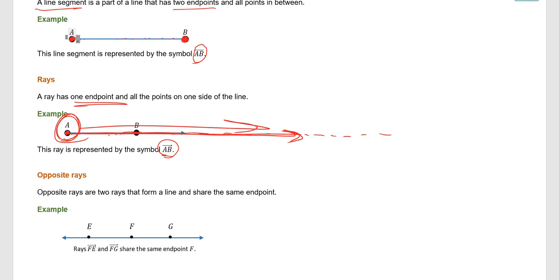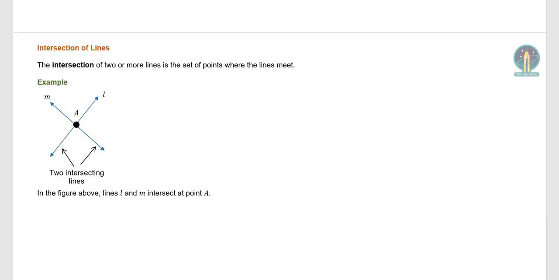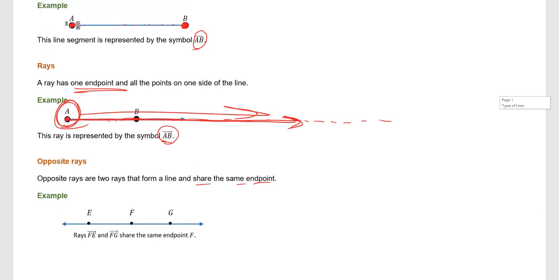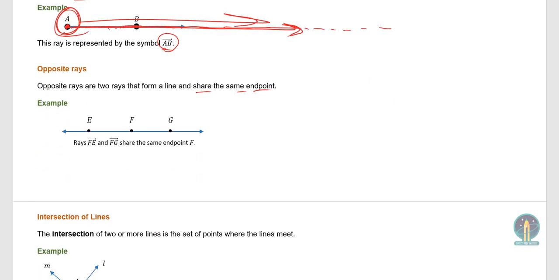Opposite rays. Opposite rays are two rays that form a line and share the same endpoint. So here we have ray FE and ray FG.